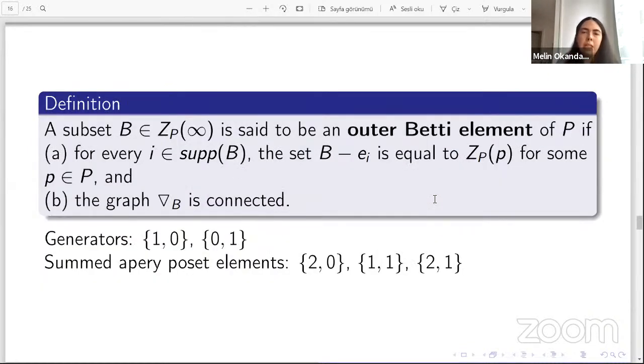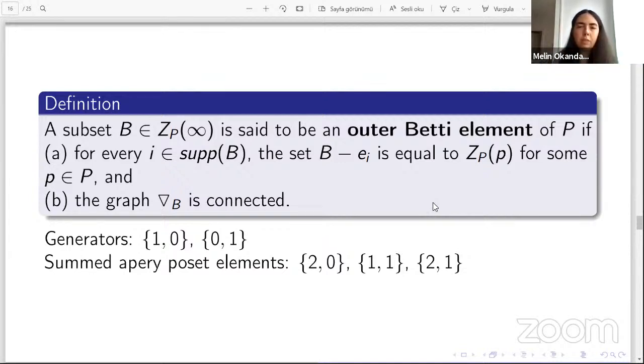Well, a subset B in Z infinity is said to be an Apéry-Betti element of P. Do not just get stuck on the notation here. This is just the way we are writing it down, but I will explain what this means. For every i in the support of P, the set P minus e_i is equal to some poset element in P. Okay, so what does this mean?